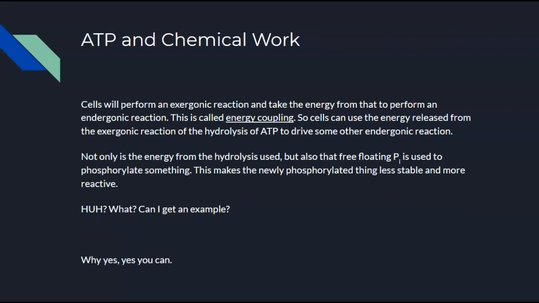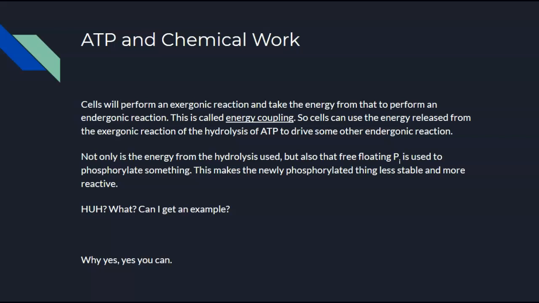Let's start with chemical work, which is maybe the most complicated one. Remember how some reactions are energetically favorable and spontaneous and some reactions aren't? Anabolic reactions are not favorable. That's the work that your cell has to do. Anything that's not going to happen on its own, anything that requires an energy input, ATP is going to be used.